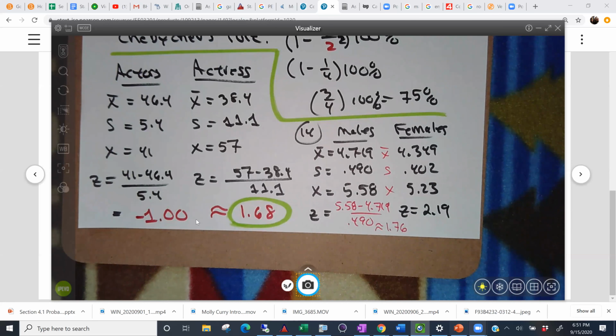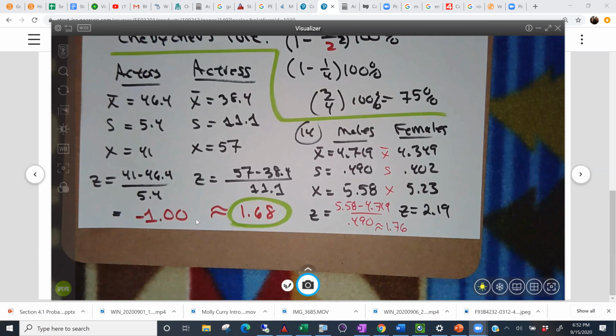Females, yeah. She had a red blood cell count which was 2.19 standard deviations away from the mean, whereas the gentleman in the study had an RBC count of 1.76 standard deviations above the mean. So this one is more extreme in terms of being farther away from the mean.